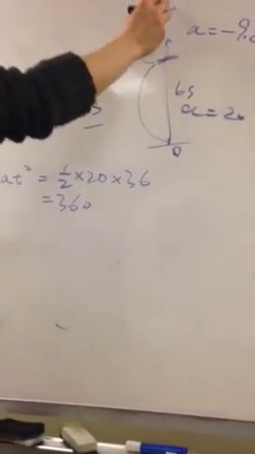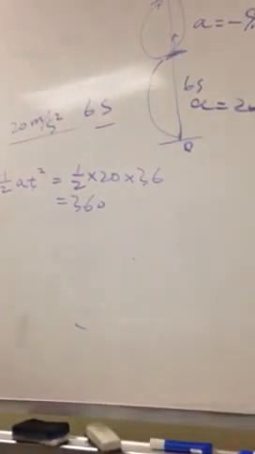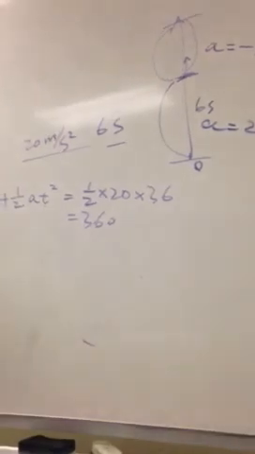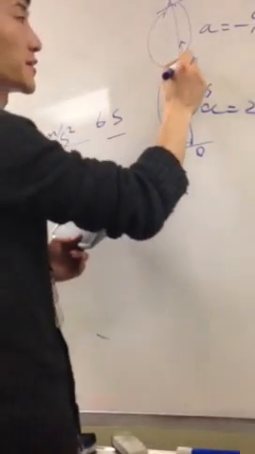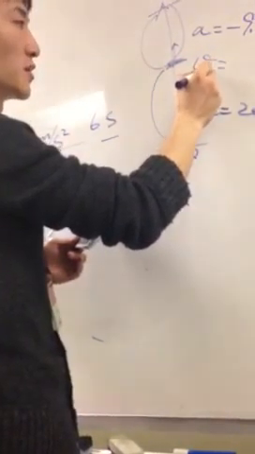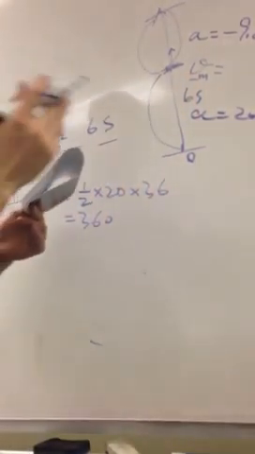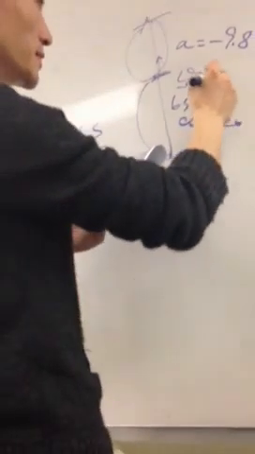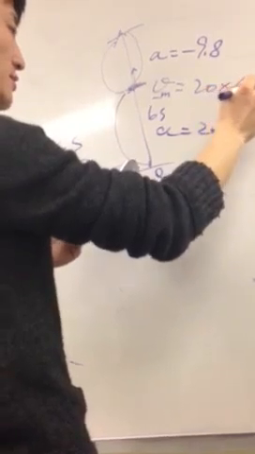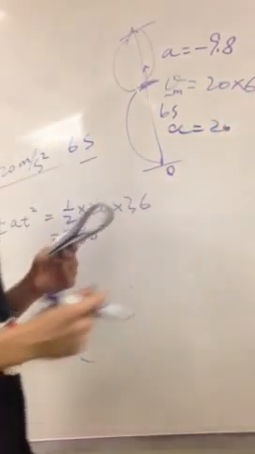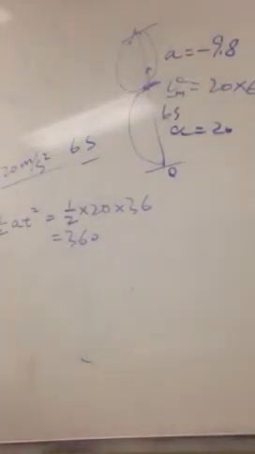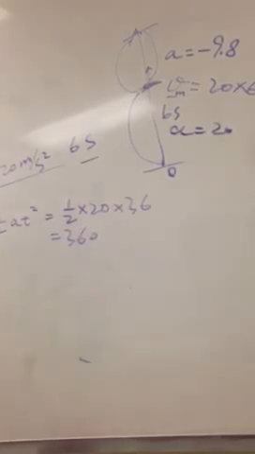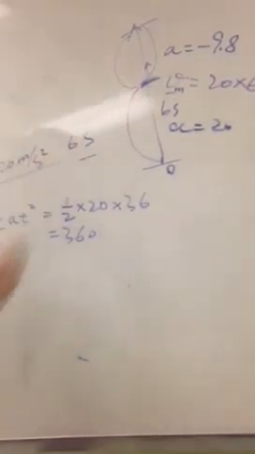In this phase, how long is it going to move? At this time point, the maximum velocity will be 20 times 6, which is 120. The speed here, right?